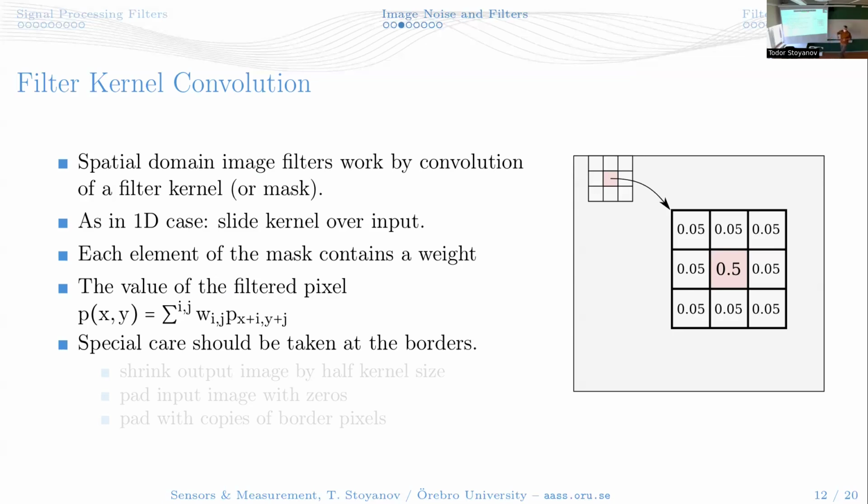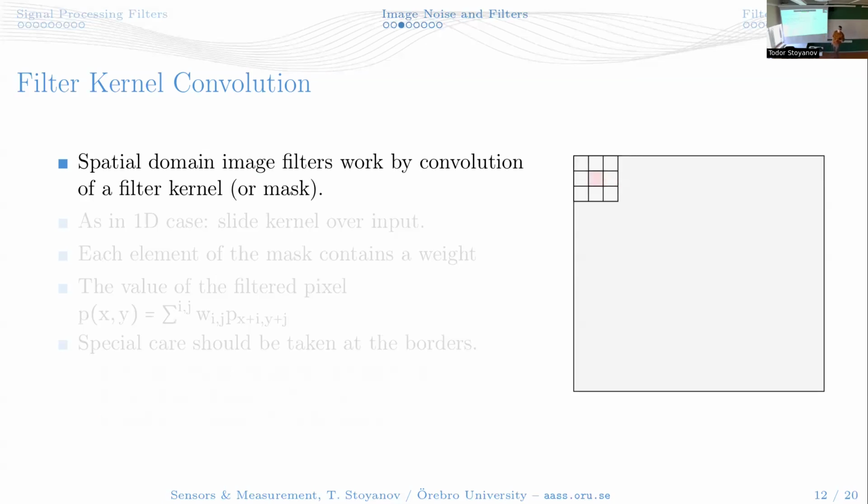But there are a couple of things you should take care of when you're convolving an image, this kind of discrete convolution of an image with a filter kernel. One of the most typical problems is how do you deal with the borders. So think about this picture that we had before. I started from aligning the kernel like this, but in practice, when I multiply these things, I'm going to get a smaller image, right?